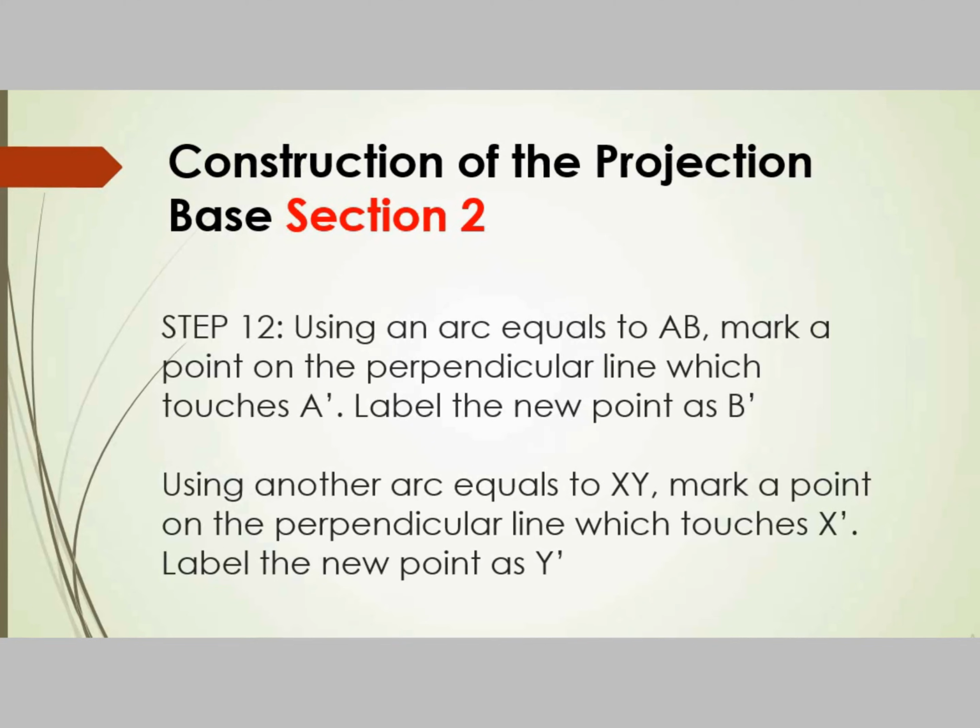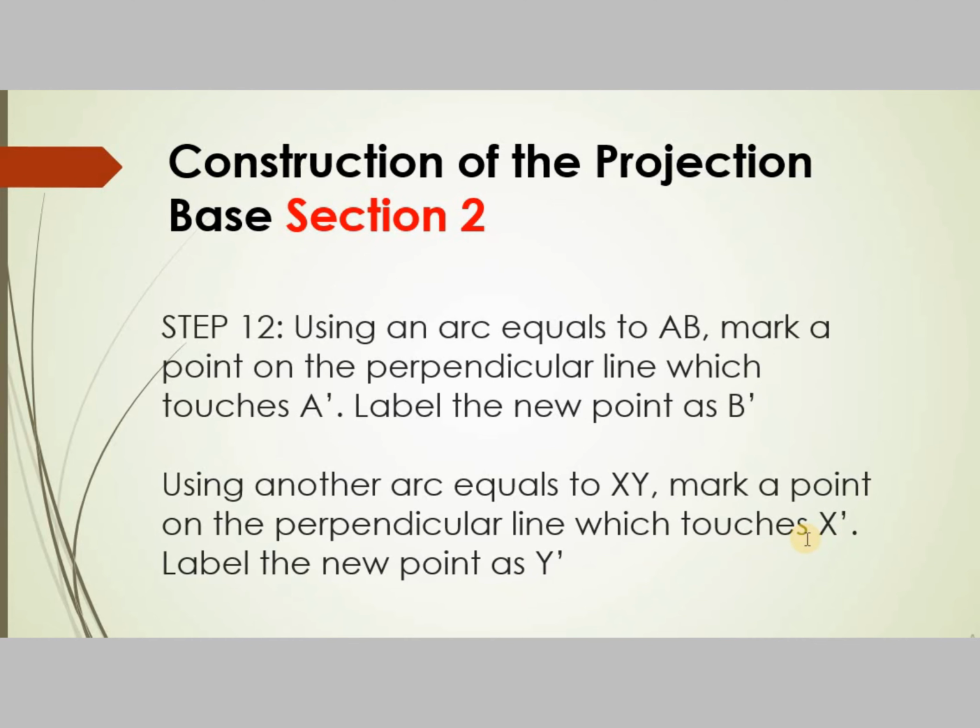Now we have to mark 2 points along the two perpendicular lines, and the distance of the points will be equal to AB in the circle for the line which touches A dash, and we will name that new point as B dash. Similarly, we will take another arc equal to XY, and we will mark a point Y dash, keeping the compass at X dash.